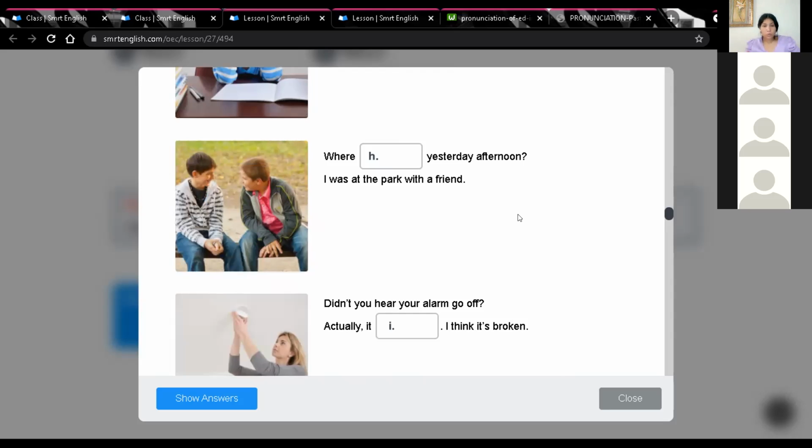The answer is with the verb to be. It says, I was at the park. So the question is, you need to use the verb to be with the subject. Where were you yesterday afternoon? Very good. Where were you?